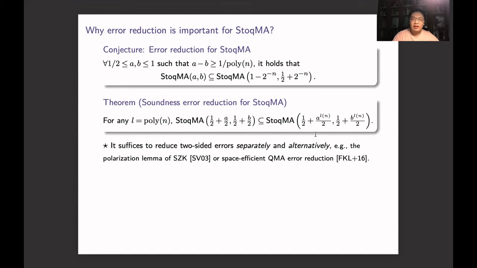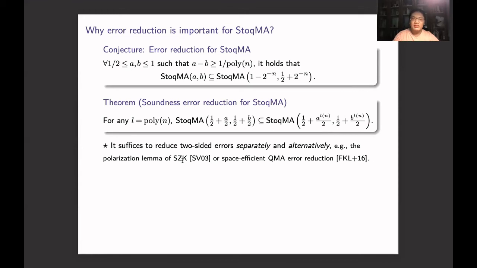So to show error reduction for StoqMA, it suffices to reduce the two-sided error separately and alternately. Namely, first reduce the completeness error, then reduce the soundness error, and then reduce the completeness error again. There are a few procedures that use this way to do error reduction, for instance, the polarization of SAK or space-efficient error reduction for QMA.